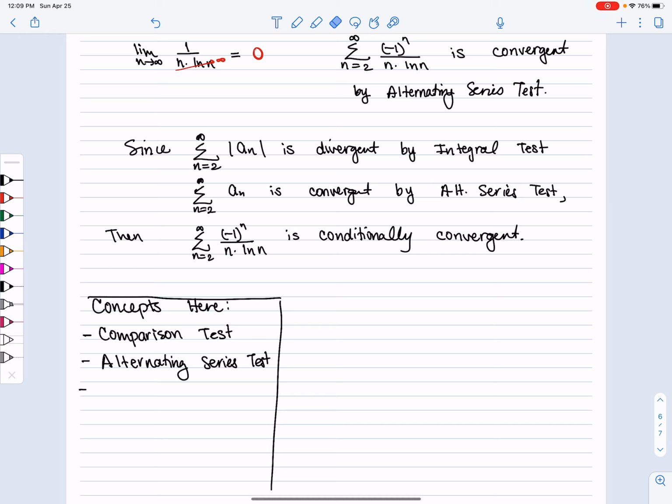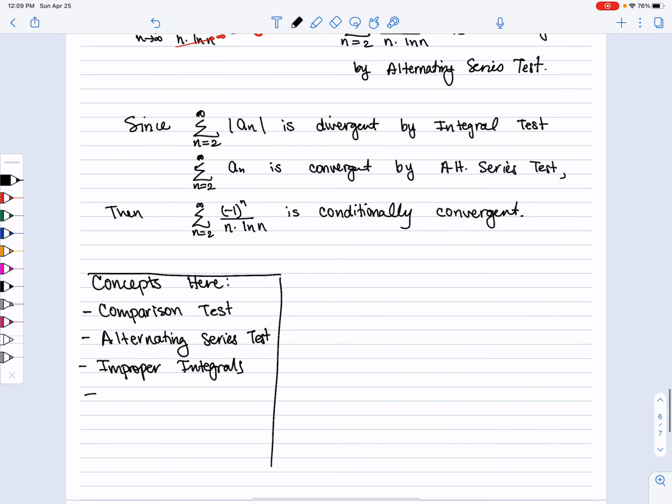We talked about improper integrals. We talked about taking limits. Sometimes some of the problems will require you to apply L'Hopital's rule. Not in this problem, but we talked about limits. What else did we talk about? We talked about absolute convergence, conditional convergence, and divergence.